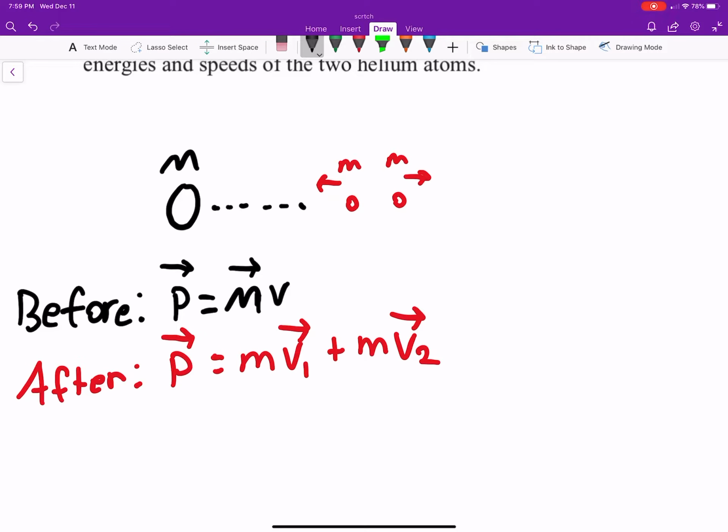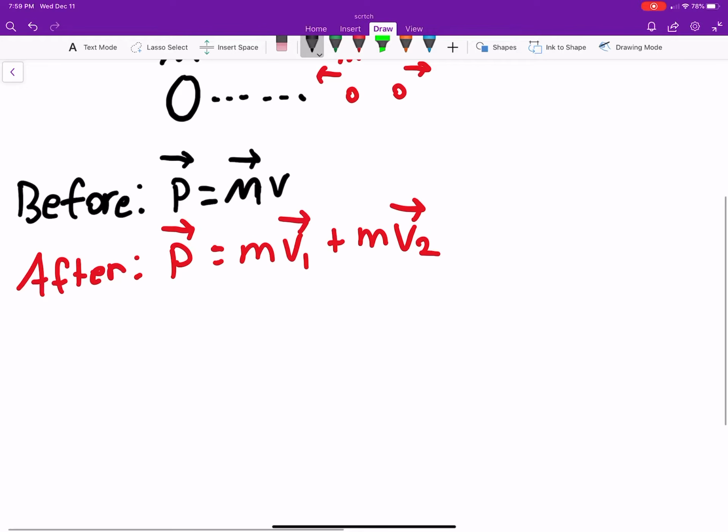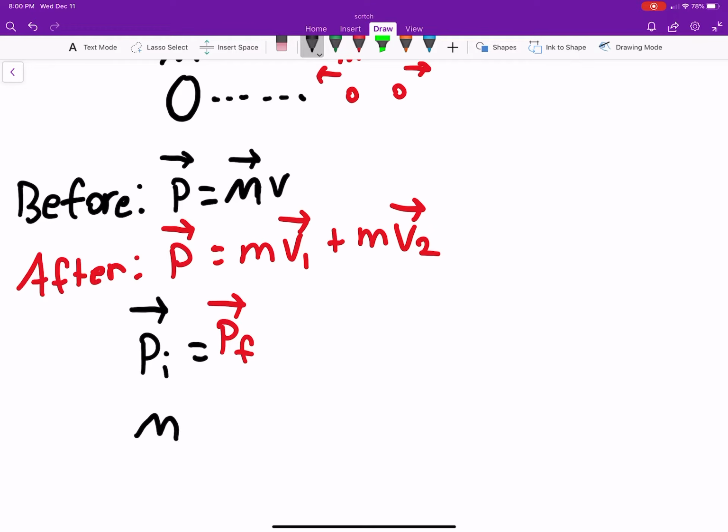Cool. So we can set these equal to each other. Your momentum initial is equal to your momentum final, or big M times velocity is equal to M times V1 plus M times V2.